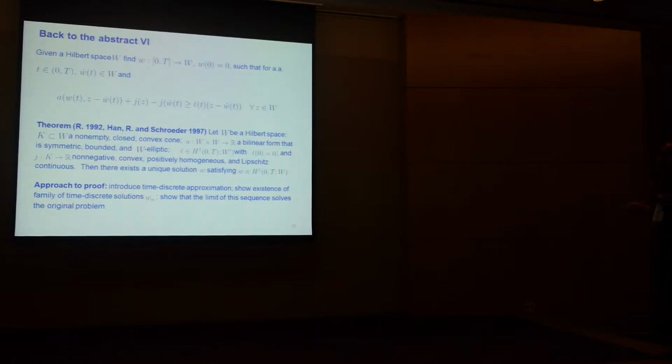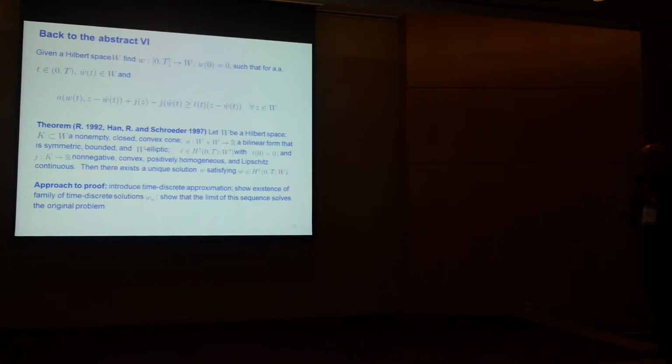But in a nutshell, under the conditions that I've set, and with J in particular being positively homogeneous, we have a unique solution, which is in H1 in time. In other words, what this says is that W is L2 in time, square integrable in time, and so is its first derivative.